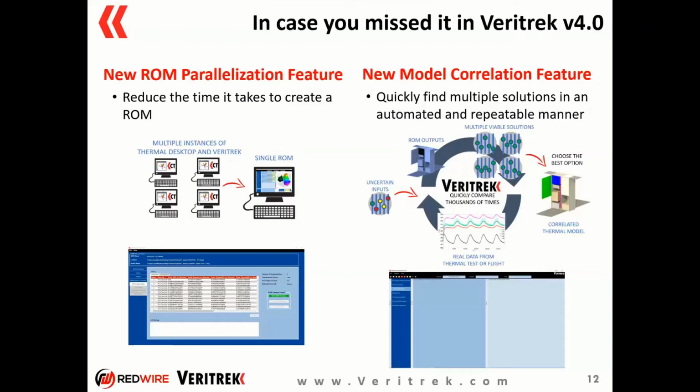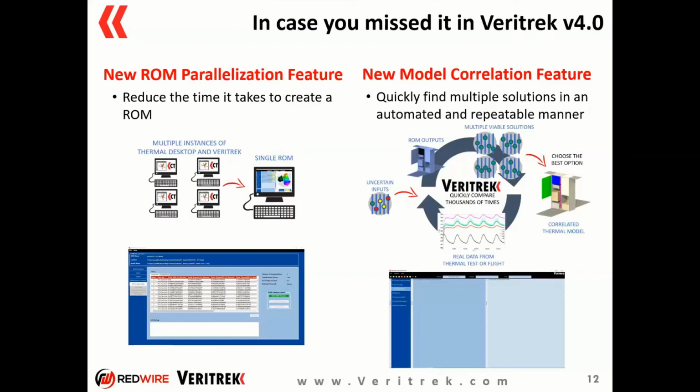A lot of our development and focus is geared towards mitigating or reducing that cost as much as we can. And that's what this ROM parallelization feature was really geared towards. It's to help reduce the time that it takes to create the reduced order model. What you can do now as of Veritrek 4.0 is split the training data into multiple batch files.